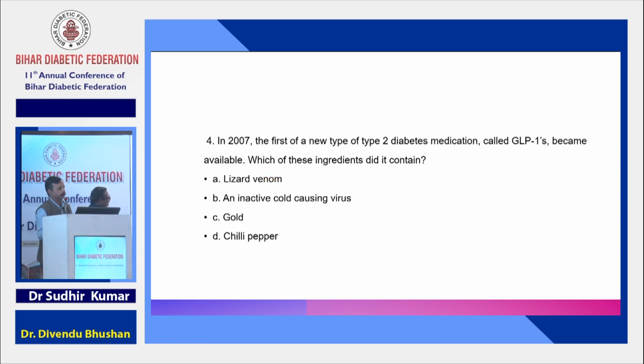Next question for team E. In 2007, the first of a new type of type 2 diabetes medication called GLP-1 became available.